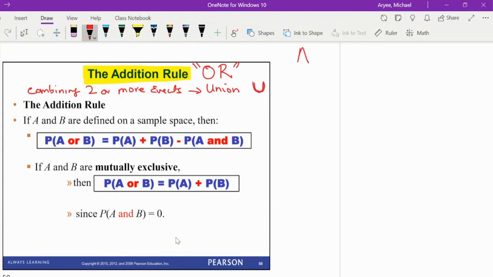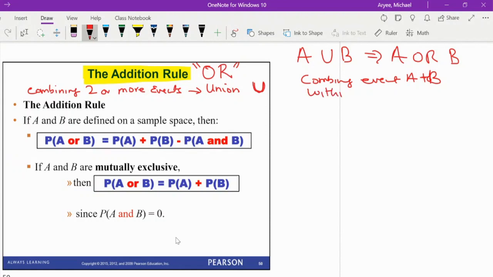When you see A union B, it is the same as saying A or B. In other words, we are combining events A and B without repeating elements.